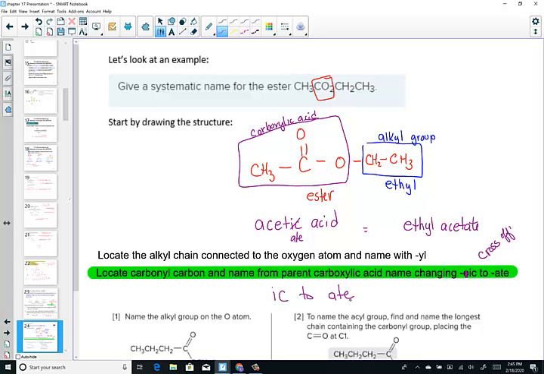So with that repaired, we named ethyl acetate. And that's the name of that structure. So locating the alkyl chain and changing it to YL, locate the carbonyl carbon and name from the carboxylic acid parent, changing IC to ATE. Make sure you repair that in your notepad. Thank you.